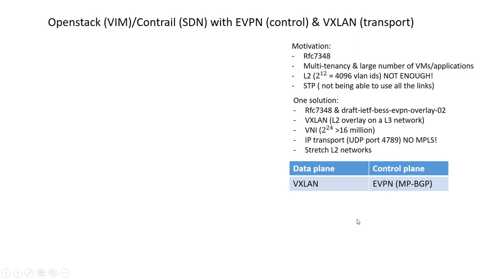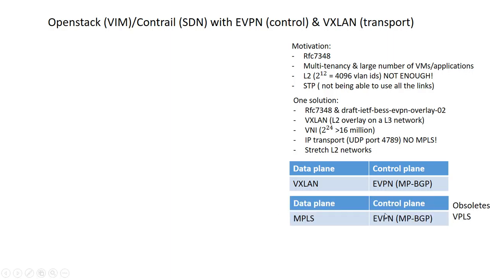Are these technologies somehow tied? No, they are not. And EVPN, when it works together with MPLS, completely obsoletes VPLS. EVPN addresses all deficiencies of VPLS, and together with MPLS makes VPLS an obsolete technology. VPLS is a thing of the past.